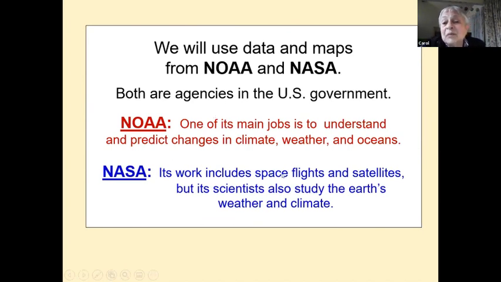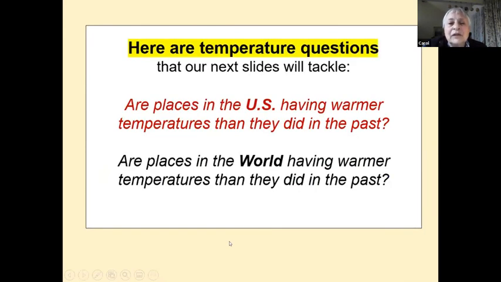NASA, which we think about for space flights and satellites, works hand in hand with NOAA, because part of its duties are to study, often from way above and with satellites, the Earth's weather and climate. We truly have a lot invested by the federal government in gathering information.